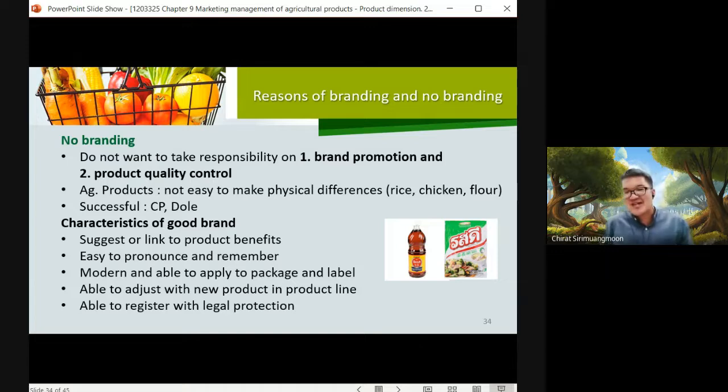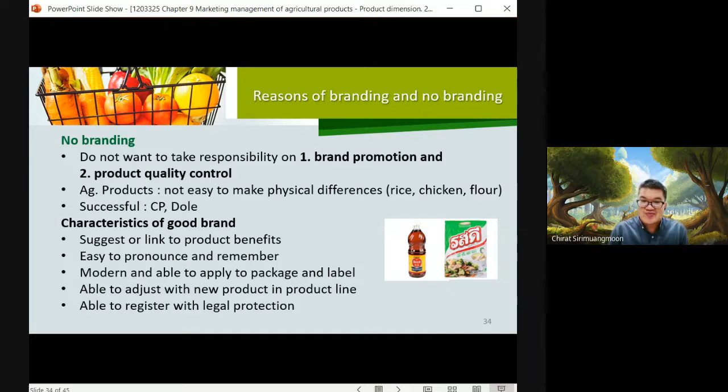But sometimes agricultural products might not need to have branding. Why? Because they do not want to take any responsibility, first, for brand promotion. Second, they do not want to take responsibility for product quality control. So sometimes agricultural products do not have the brand because they do not want to focus on promotion and quality control.